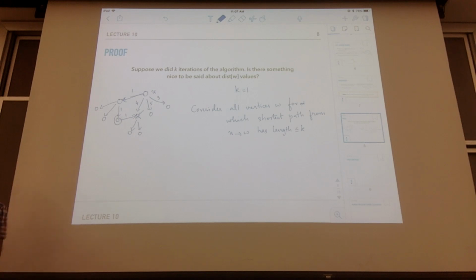So what he's claiming is that for all such vertices, you have found the right values. So the claim is, for all such vertices, as defined by this, you would have found the true shortest path.